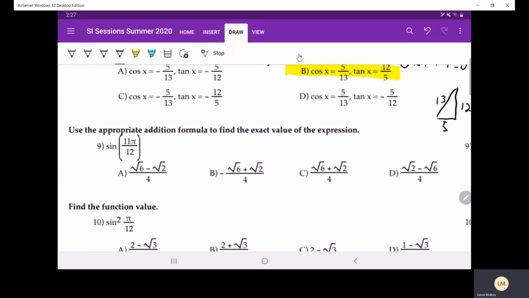I'm not gonna lie, I don't know what the addition formula to find the exact value of the expression is.